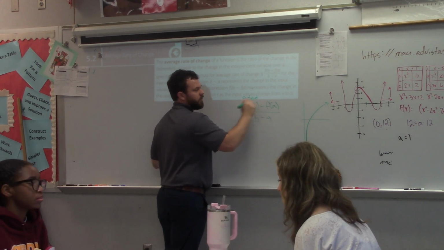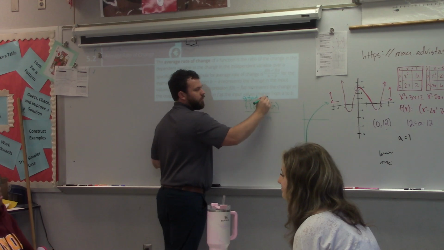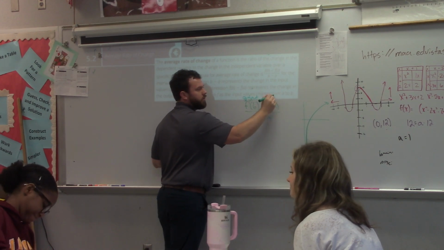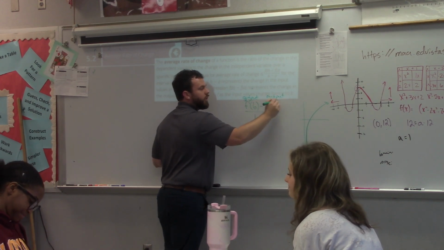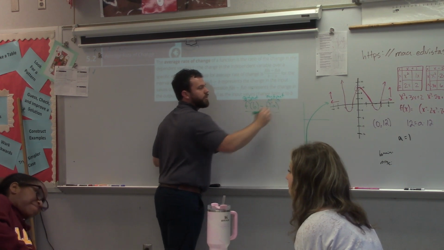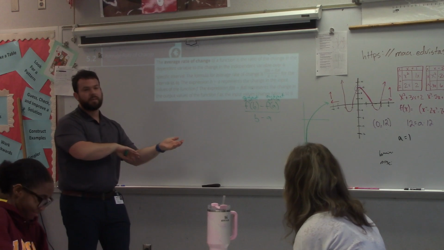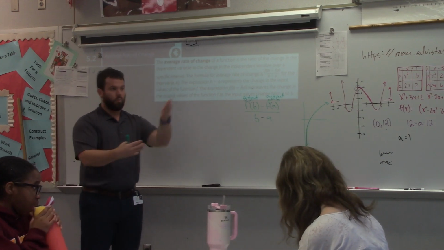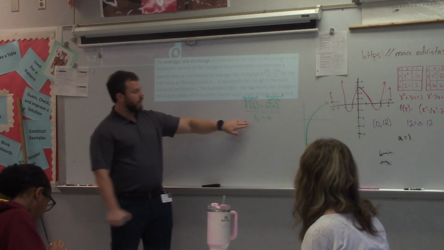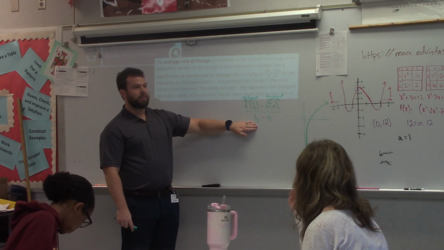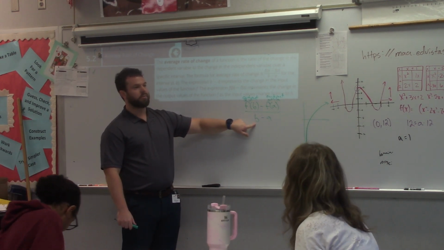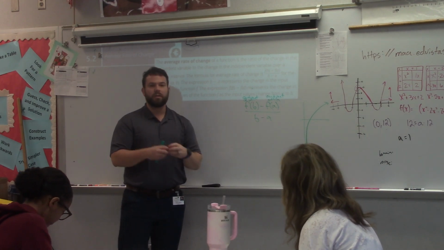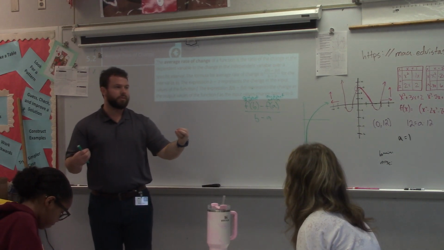This is the output at a, right? So I'm just putting the outputs. I'm finding the output at b, and I'm subtracting the output of a, or y2 minus y1, divided by b is my input, so x2 minus x1. And so literally I'm just finding the slope between those 2 points, okay?